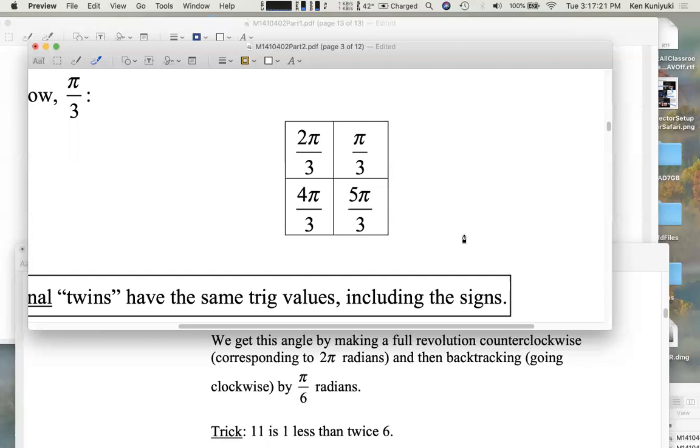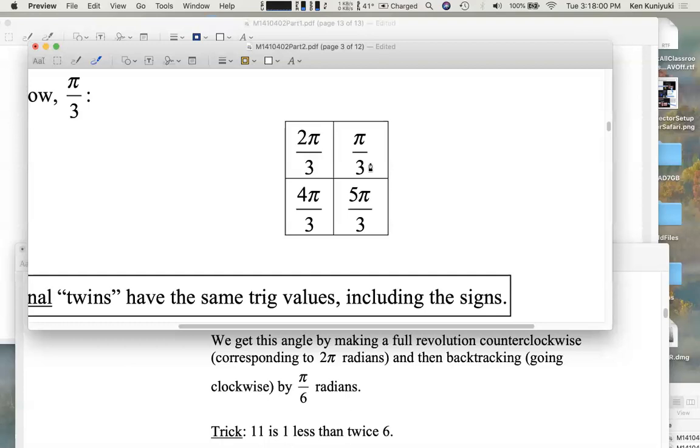Now, it's really great that this trick works for pi over 6, pi over 4, and pi over 3. Actually, it doesn't work for other angles like pi over 5. Well, let me think about that for a moment. Pi over 5. Actually, come to think of it, that would work. That would work for pi over 5, pi over 7, pi over 8, pi over 9, pi over 10.